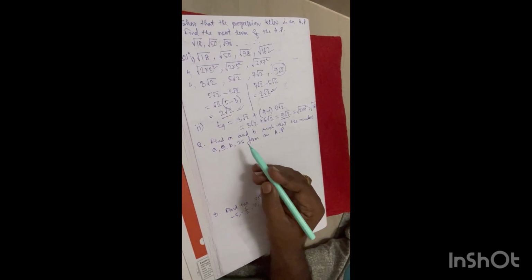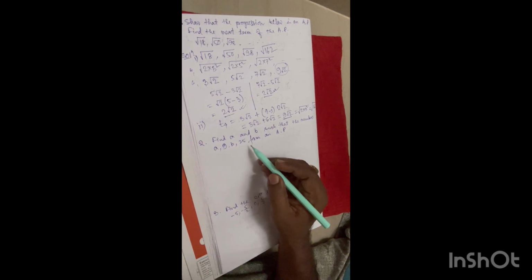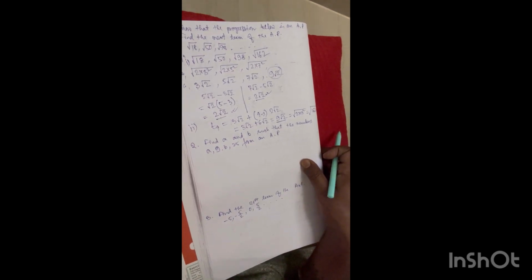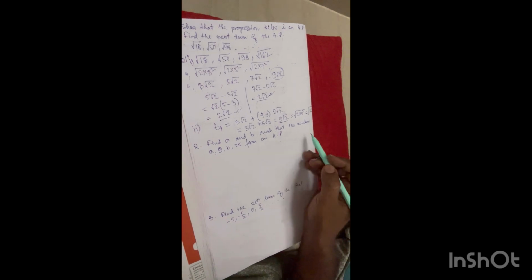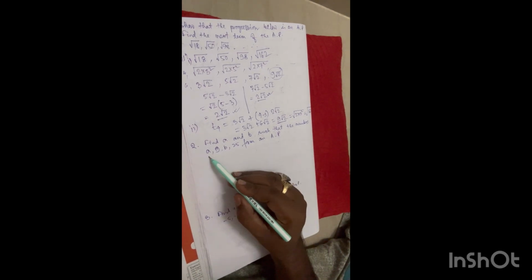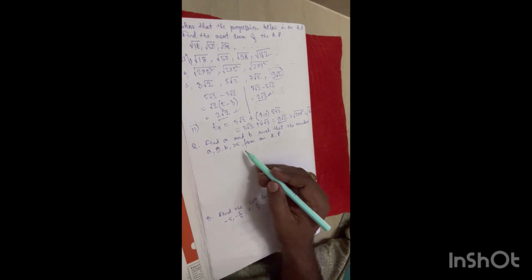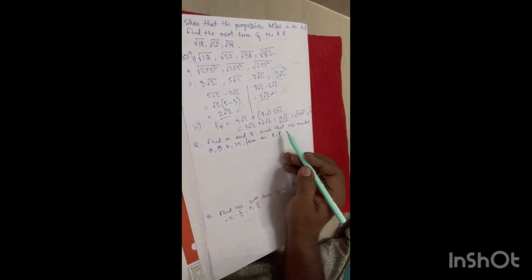Coming to the next problem. Find A and B such that the numbers A, 9, B, 25 form an AP.